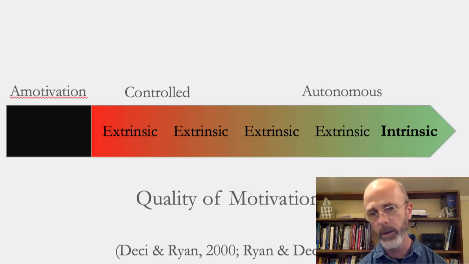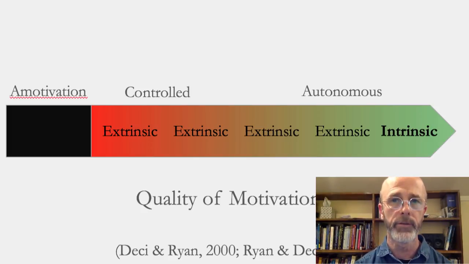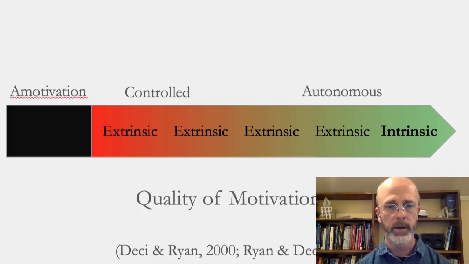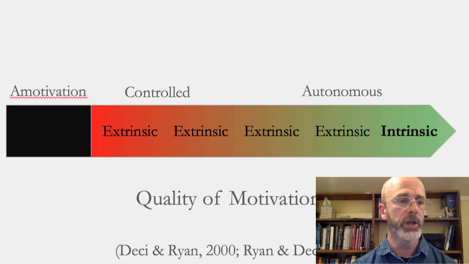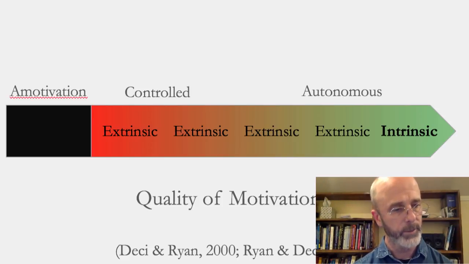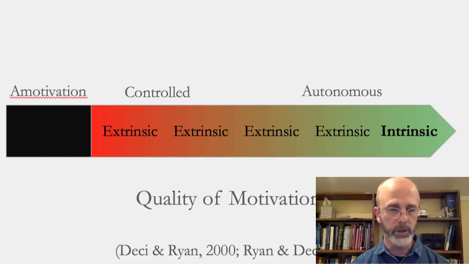Moving to the right, we have another form of controlled extrinsic motivation, something we call introjected regulation. And what introjected regulation is, is that the pressure is not coming from outside anymore. The pressure is coming from within, right?